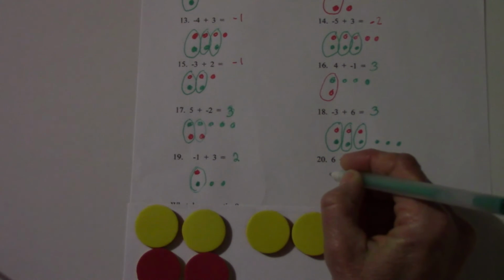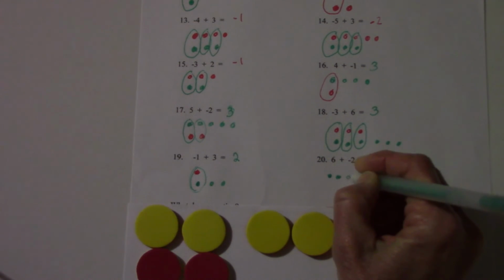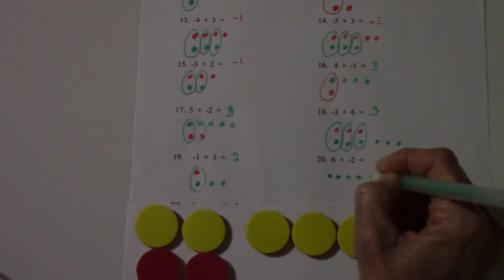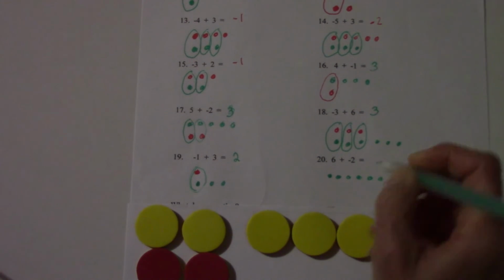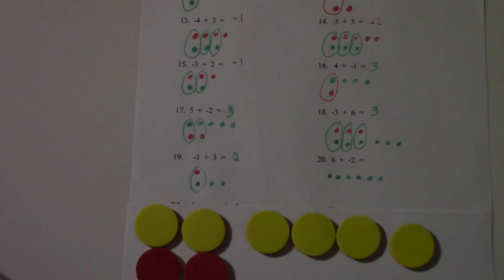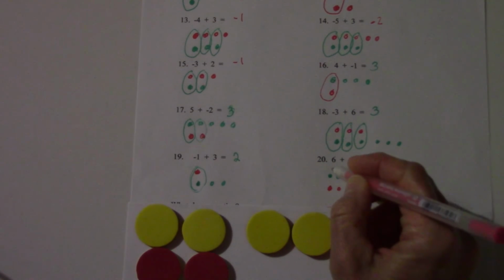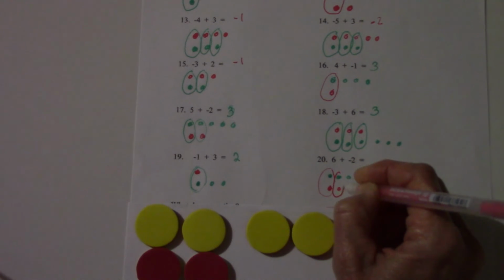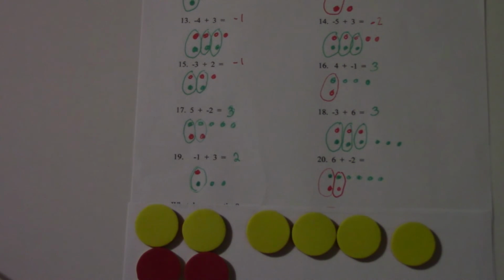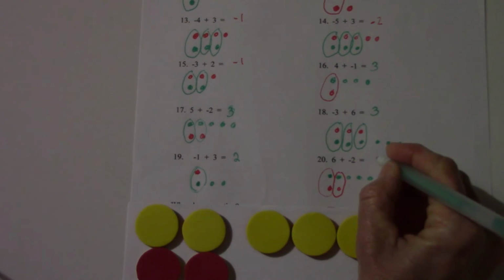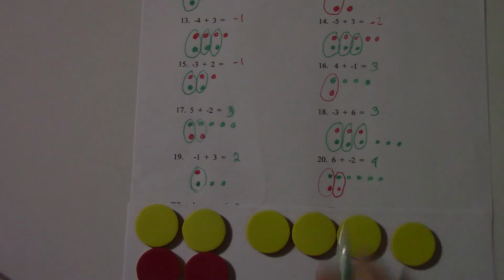So I have 6, and then I have 2 negatives, and that gives me a 0 pair here, 0 pair here, and my answer is a positive 4.